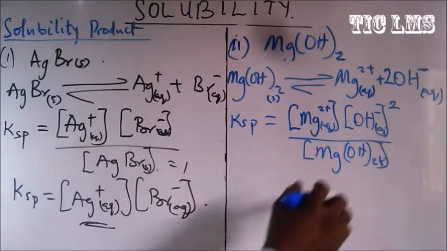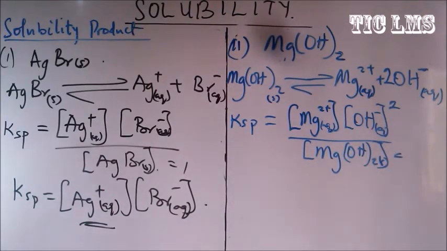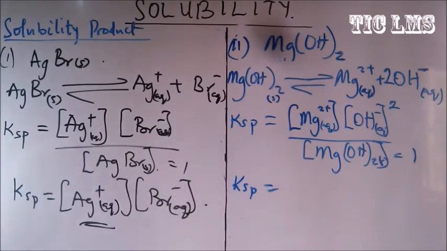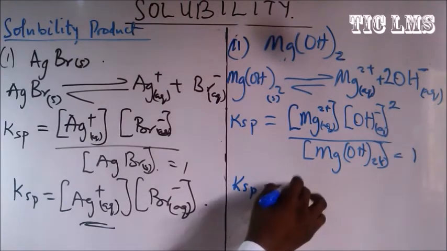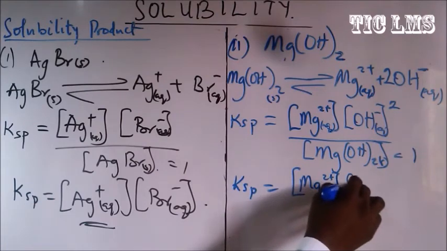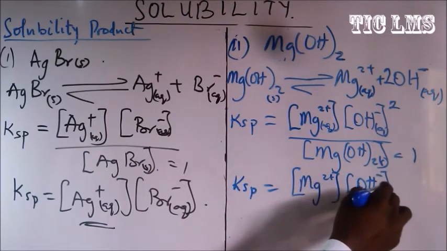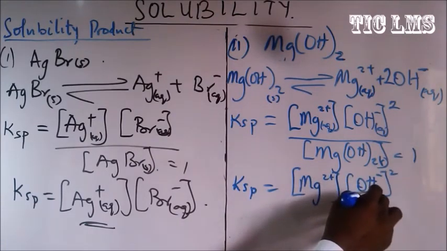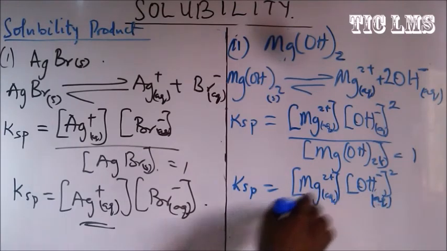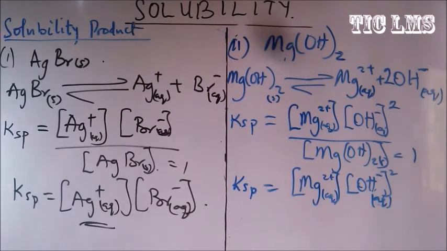The concentration of a solid is 1. So the solubility product constant of magnesium hydroxide is equal to the concentration of magnesium ion multiplied by the concentration of hydroxyl ion raised to power 2, and we have aqueous of each. So that is the answer.